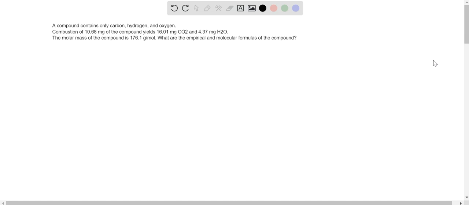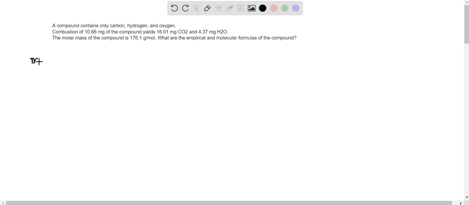In this problem, we have to find the empirical and molecular formula of the compound containing carbon, hydrogen, and oxygen. So first we have to calculate the mass of carbon and hydrogen in 10.68 mg of compound from CO2 and H2O.